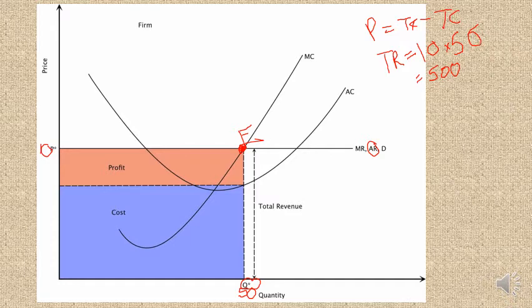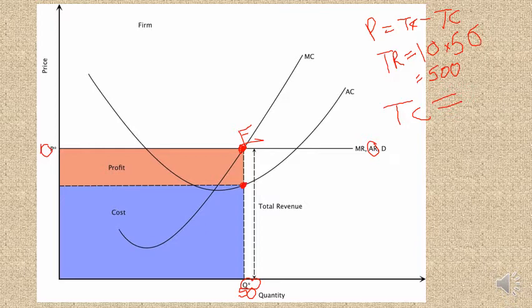Now if we have to look at total cost, we need to look at your average cost at equilibrium. So that is why you draw the dotted line all the way down to this axis. Where it intersects your average cost curve, that is where you read the cost off.